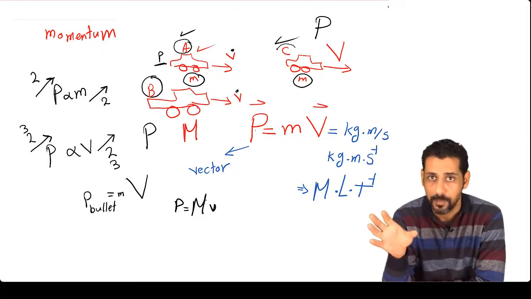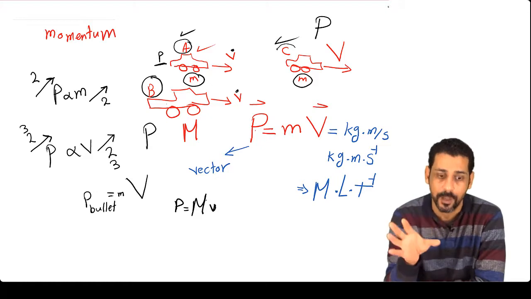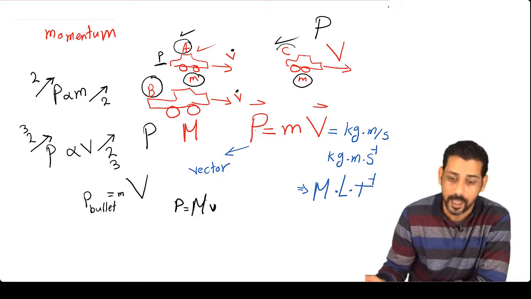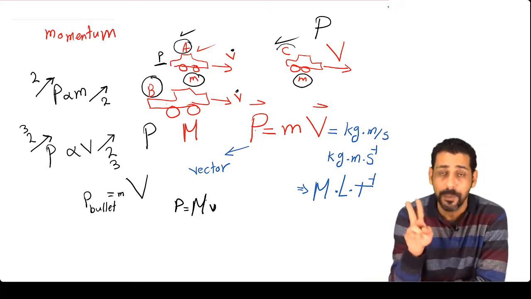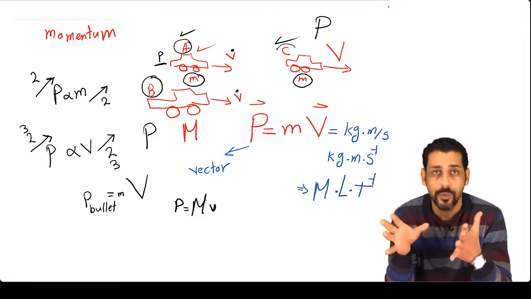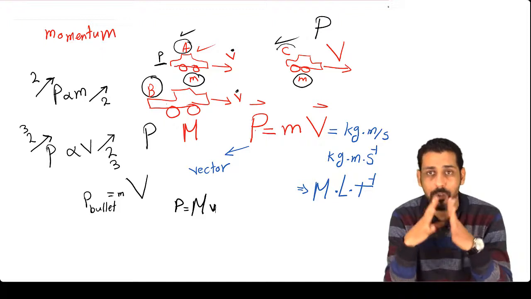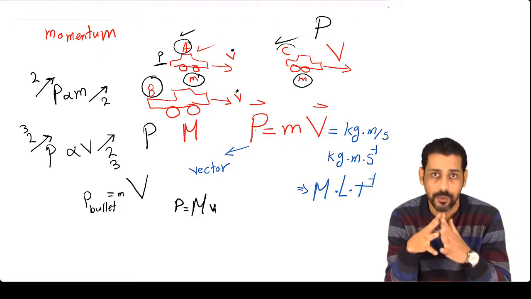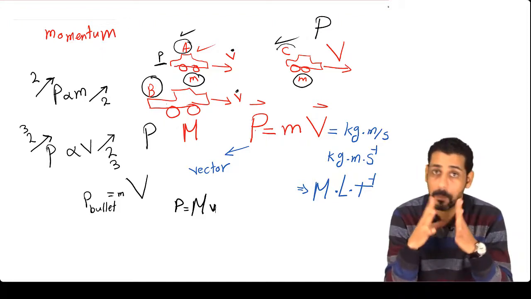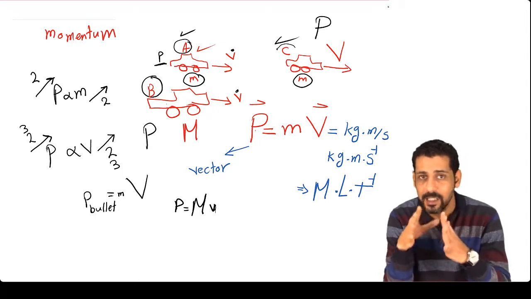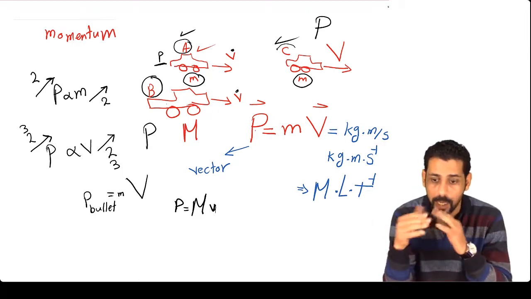If something is small but has a huge velocity, like a bullet, it also has a great momentum. In both cases, if the momentum is huge, it produces a lot of damage. Basically, it's not easy to stop.